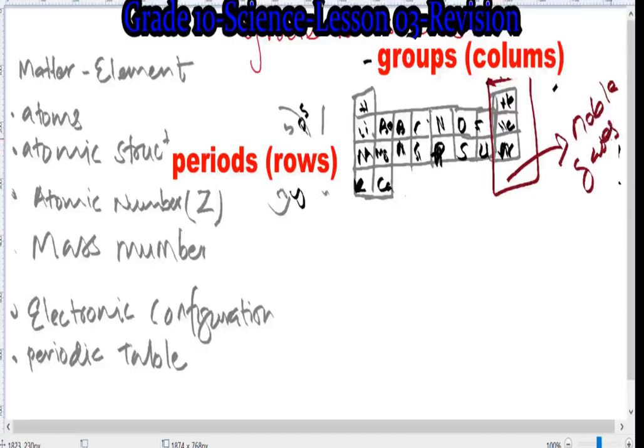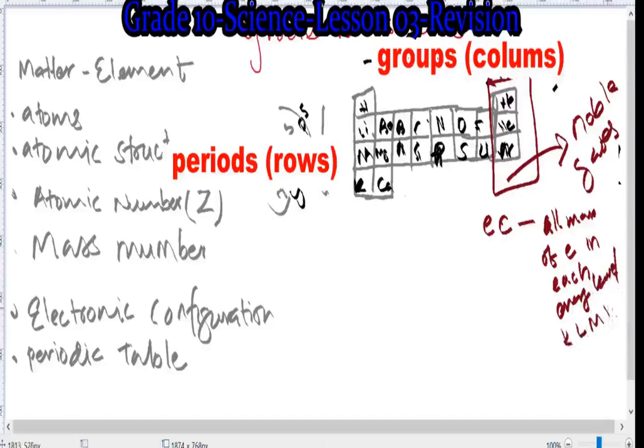Why? It is because they have the electronic configuration of the maximum number of electrons in each energy level. Now again, what is an energy level? KLMN. I'm just writing it so y'all remember. So even in the structure for helium, this is a helium atom.